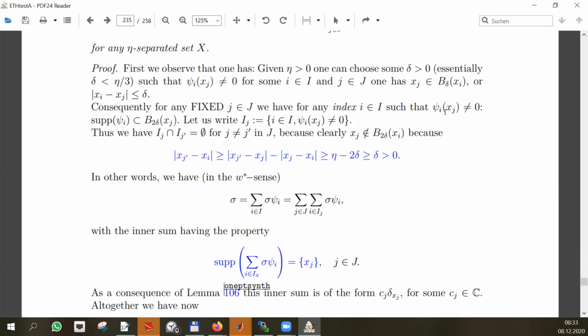If psi I of xj is not 0, it means that this point xj must be in the support of psi I. So psi I is only non-zero inside of the support. But that means that the psi I cannot be too far away from the ball of the center.